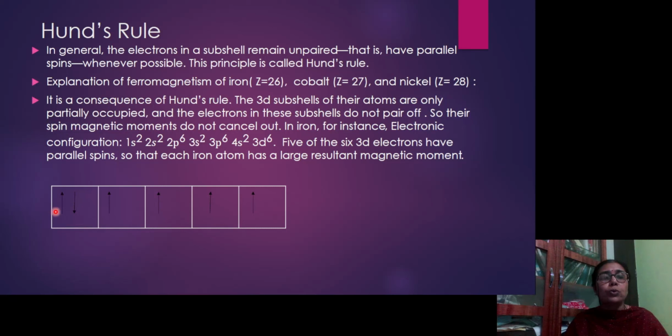So there is only one pair, and these 4 electrons are unpaired. So the spin magnetic moments of these electrons are not cancelling each other. The spin magnetic moments can cancel out if electrons are paired.